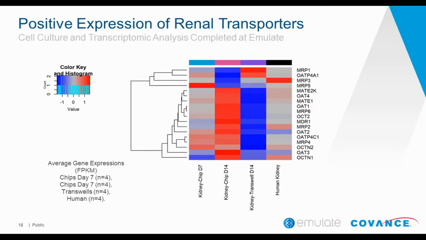And what we can see is that the chip model actually maintains the differentiation that you would expect to see in a relevant human model with the continued expression of all of the relevant transporters. Yes, in some instances they are upregulated, but the thing that we need to remember is that within the human kidney, this is actually looking across 4 different donors in terms of the data there. So in many instances, this is actually within what we would expect in terms of the standard deviation, and taking that forward.